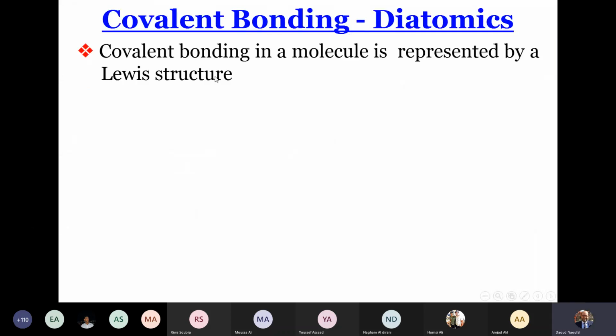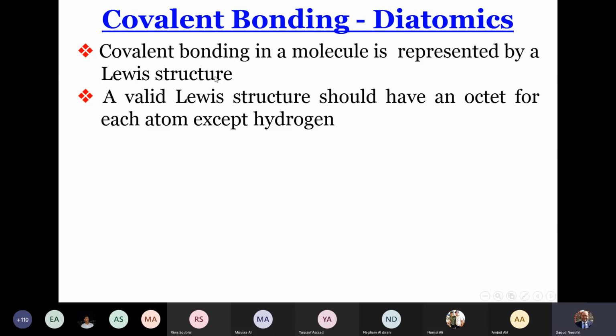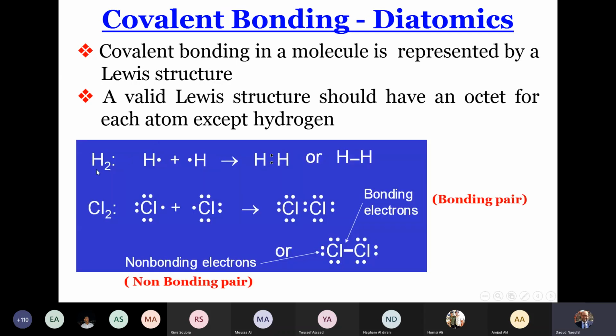So the covalent bond can be represented according to Lewis. For example, consider H2. The first has 1 valence, the second has 1 valence. Due to the bond H-H, we will have sharing of electrons between the 2 hydrogens. These 2 electrons are counted 2 for the first and 2 for the second.